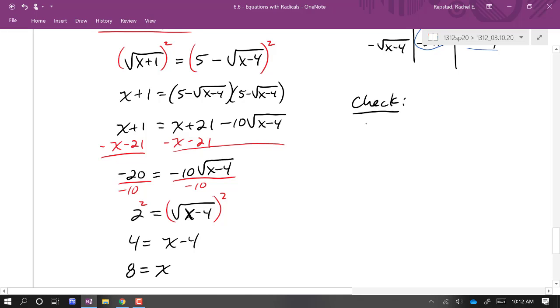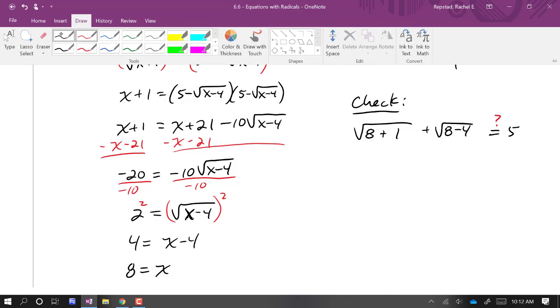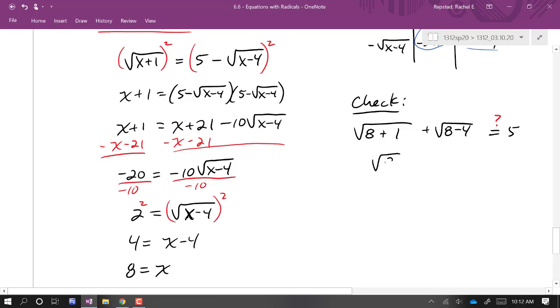If I check x equals 8, the left side is the square root of 8 plus 1 plus the square root of 8 minus 4. And we're going to see, does that give us 5? So now we have root 9 plus root 4, that's 3 plus 2. That does, in fact, give us 5.